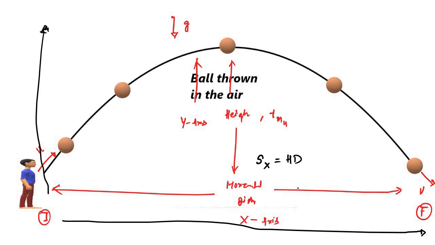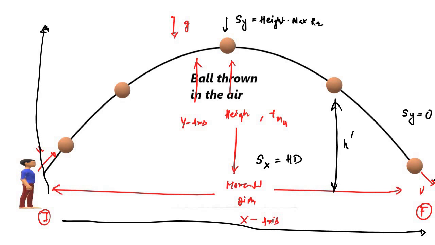It started from the ground, it reached the ground. But at this point the vertical displacement is maximum, equal to the maximum height which the ball reached during the course of the projectile motion. Again, if we say at this point the height above the ground is, let's say, h dash, then the vertical displacement Sy is equal to h dash.